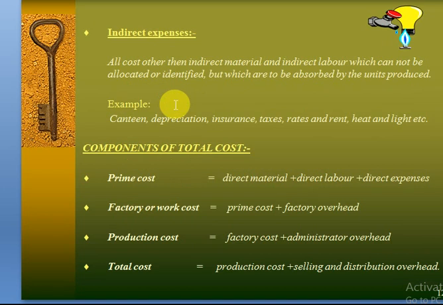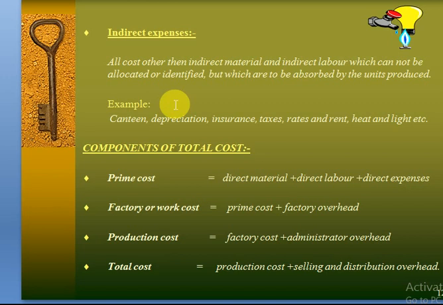Indirect expenses are all costs other than indirect materials and indirect labor, which cannot be allocated or identified, but which are to be absorbed by the units produced. Such type of cost is called indirect expenses.